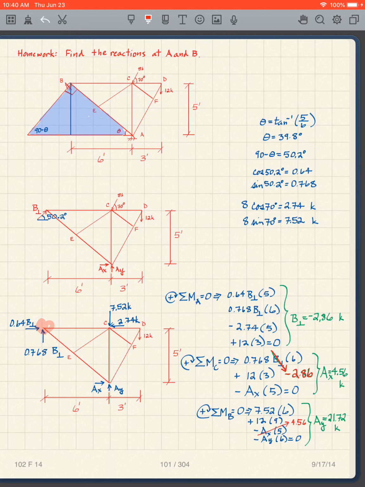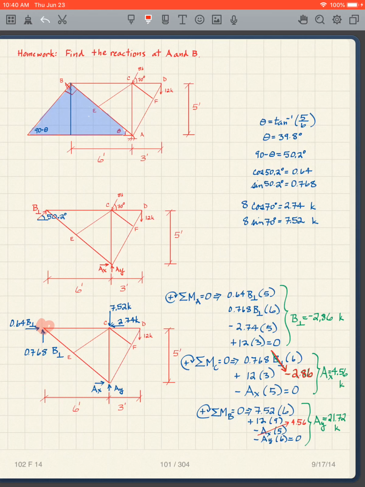I have AY times that distance. I have AX times that distance. And what are the signs?